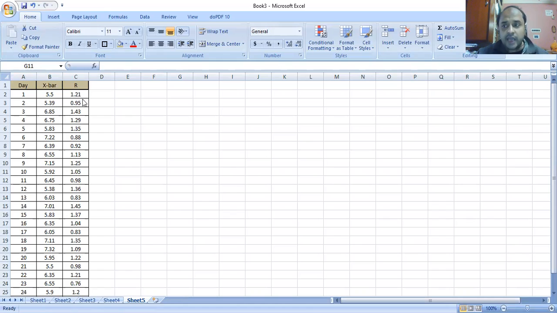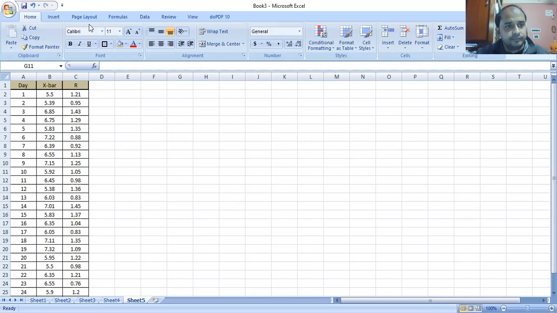To save time, I have copied these particular values into the Excel sheet, because statistical quality control can also be done in Excel. Let's see whether I can do it. Some calculations can be done with the help of the Excel sheet, and that will save our time.